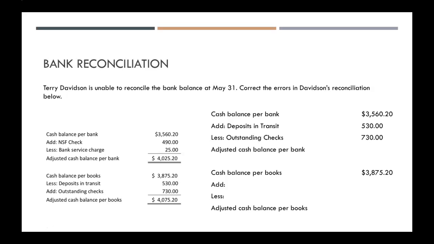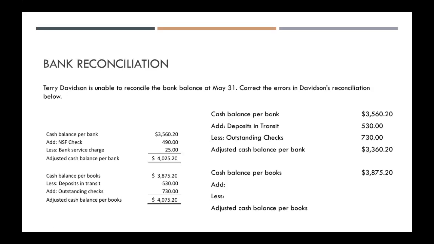So now our adjusted cash balance per bank. Well, we're going to take our initial cash balance per bank, that $3,560, and we add in the deposits in transit, and we subtract out the outstanding checks. And we'll get an adjusted cash balance per bank of $3,360.20.